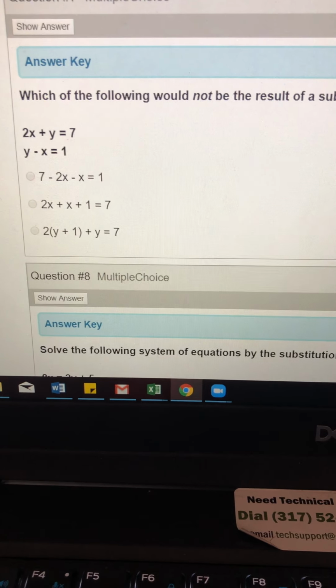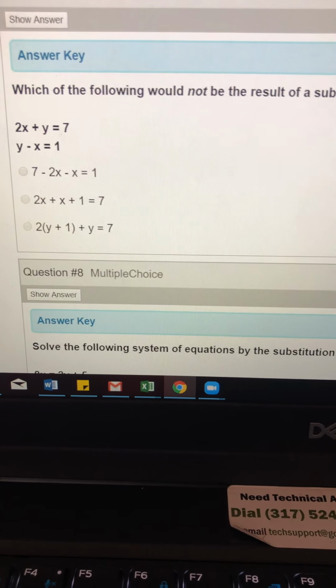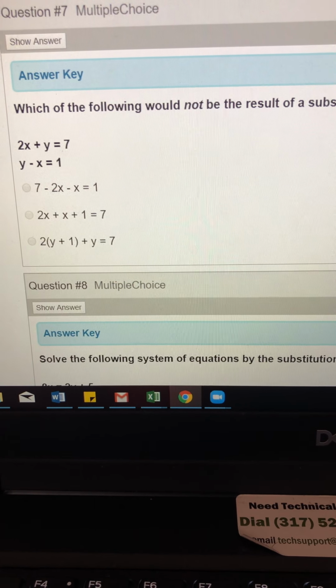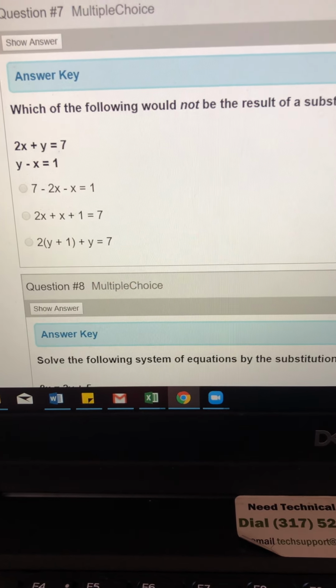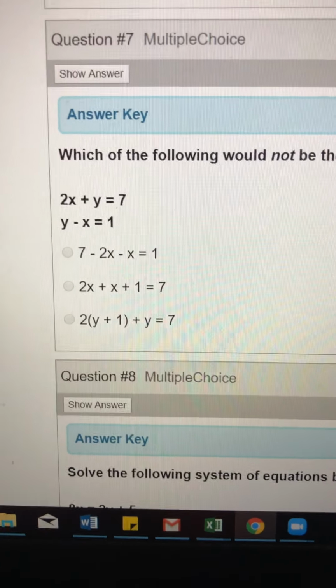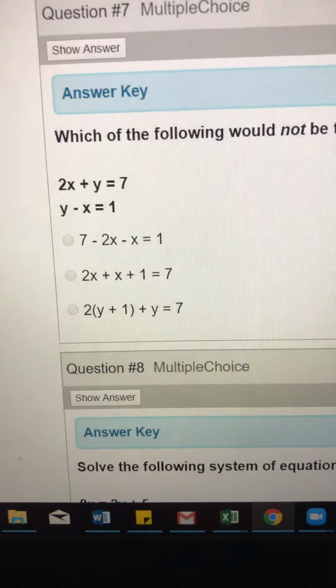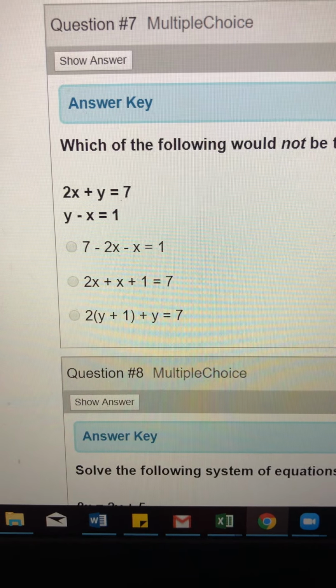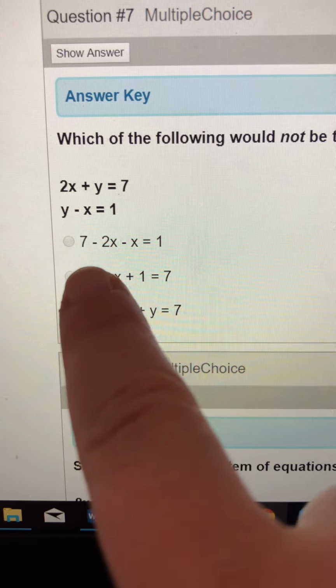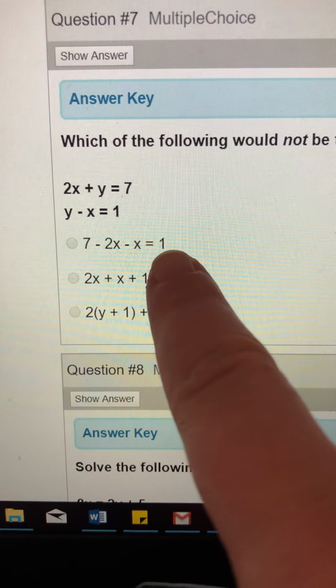The next question says, which of the following would not be the result of a substitution in the following system? So there's a couple different options we have. It looks like here we have 7 minus 2x minus x equals 1.